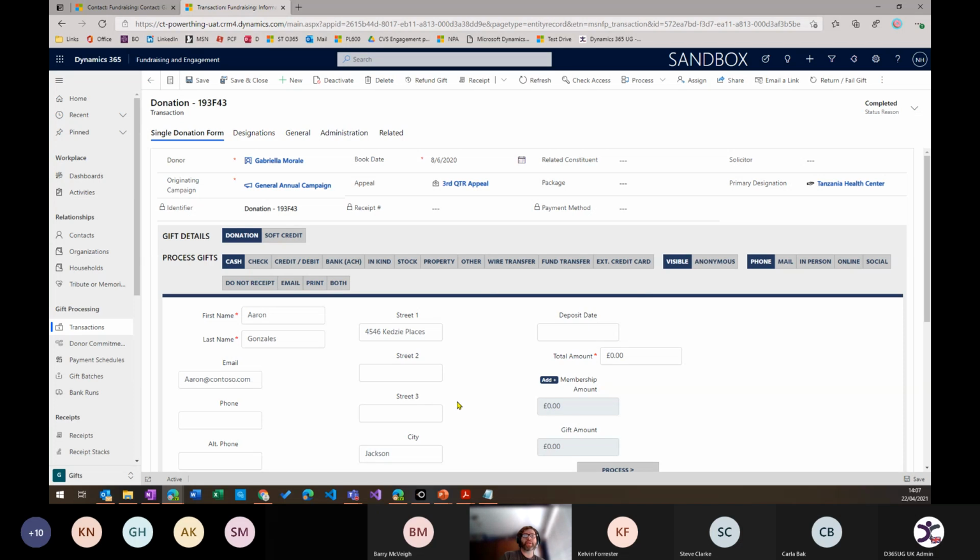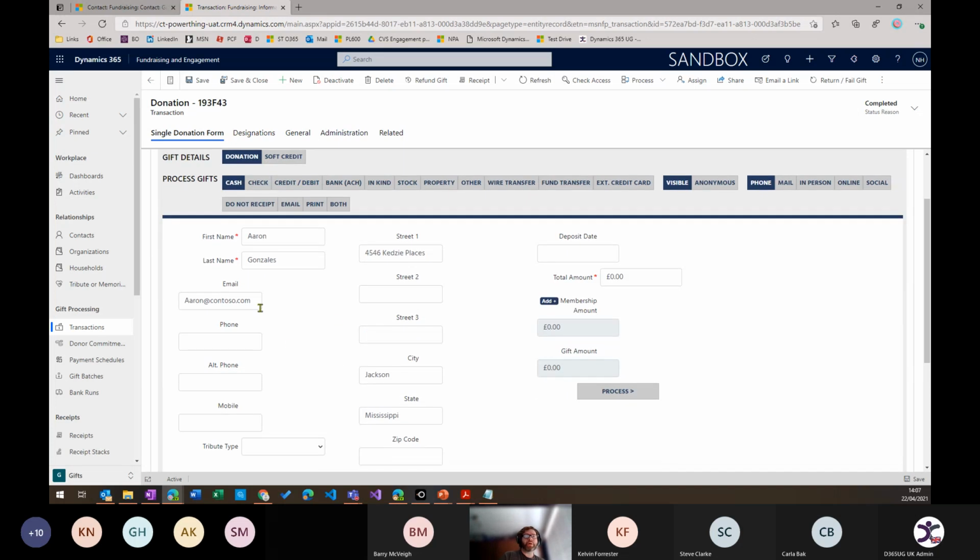We've got a custom control down the bottom here, where I can start inputting data into it, and there's some more targeted information it's trying to capture from me. So what sort of gift is it, how do we want to process it, how did we get it, that kind of thing. We can put in the amounts, and we can actually process that.